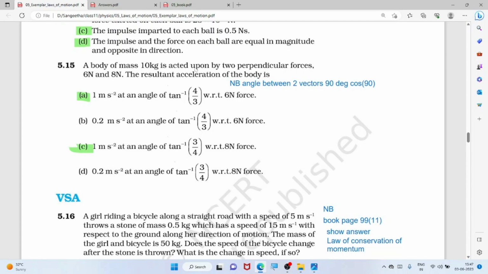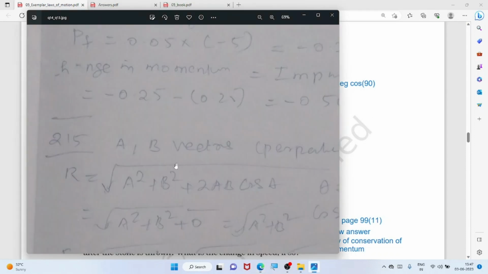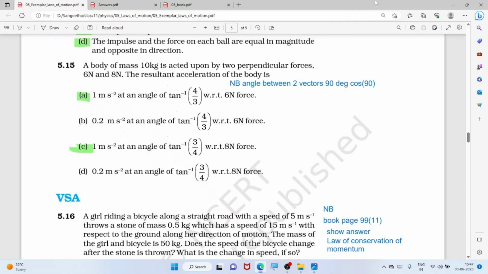A body of mass is acted on by two perpendicular forces. They result in acceleration of the body. Because it is perpendicular, two perpendicular forces, so a 90-degree angle.